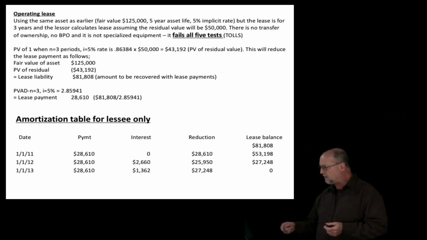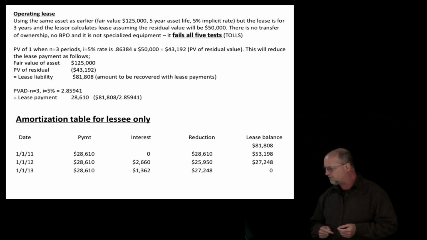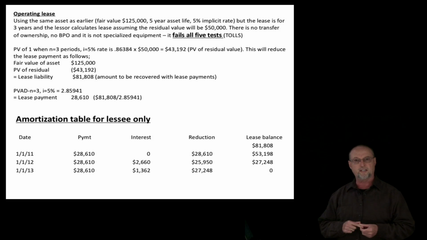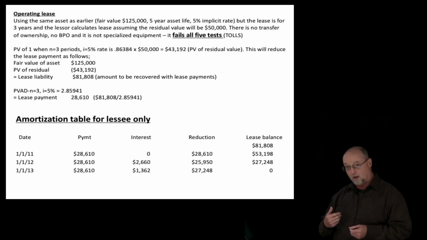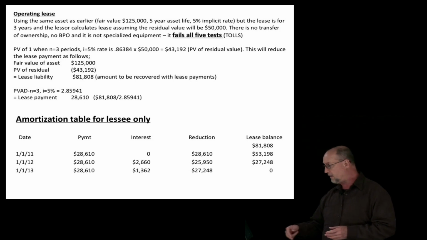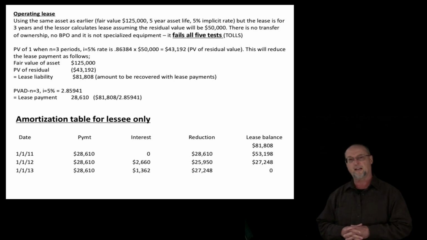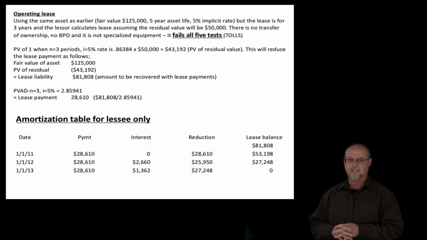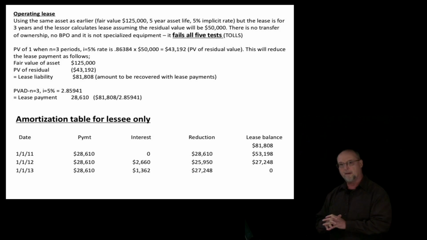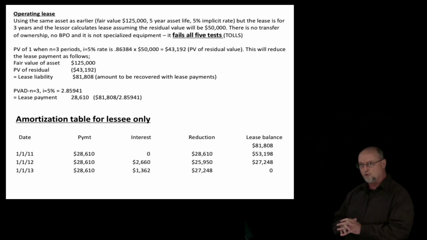So for our second payment of $28,610, we would subtract the $2,660 of accrued interest, which we made at the end of year 1, and that would result in a lease liability reduction of $25,950.